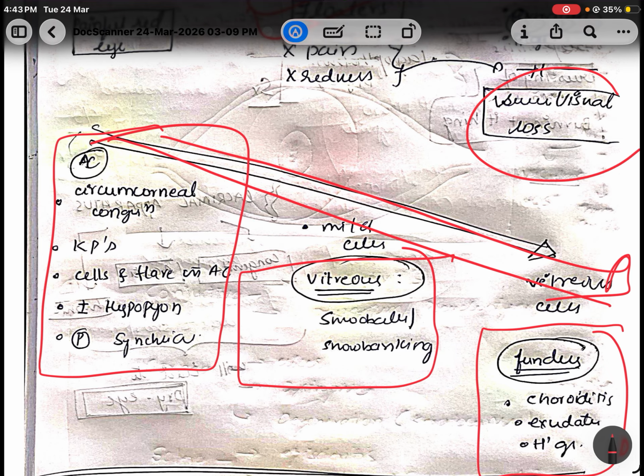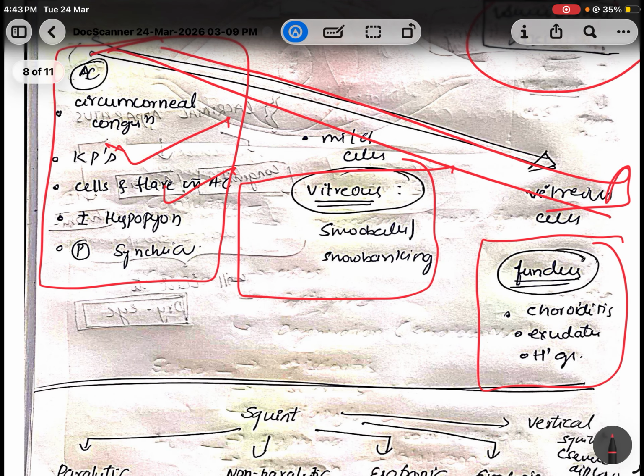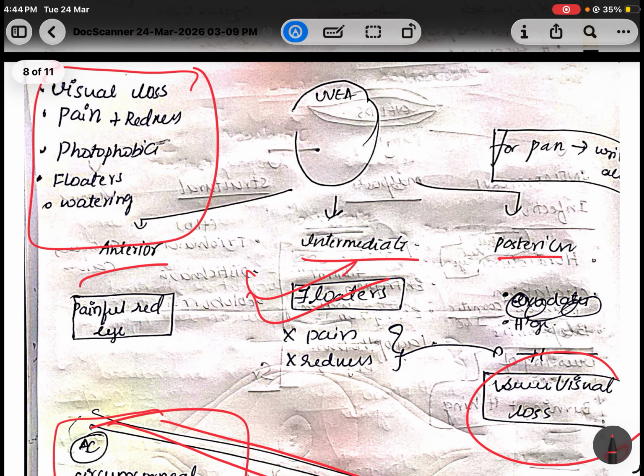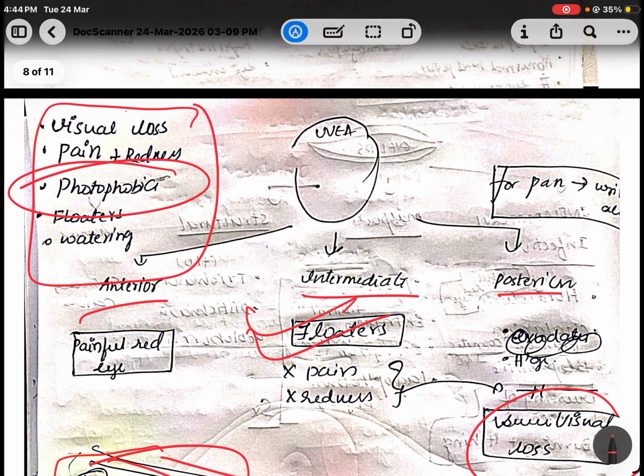What you will see in anterior chamber, you might have keratic precipitates, or you can have hypopyon, or you will have cells and flare. Again, in vitreous, you will see snowballs, snow banking and all those things. And basically, you have to write about exudates. Okay, everywhere you can write about it. The common thing which you can write is about the exudates. Common clinical feature itself is what? Floaters. Okay, so for panuveitis, merge and write everything.